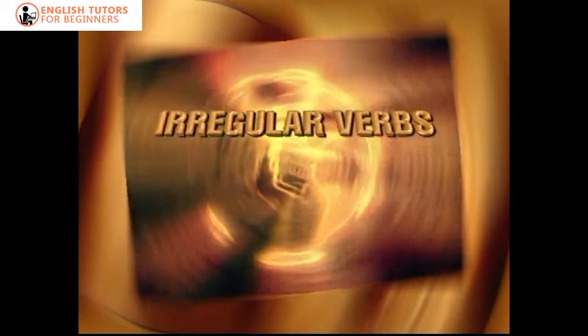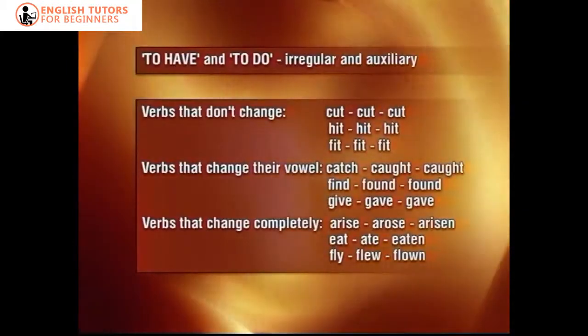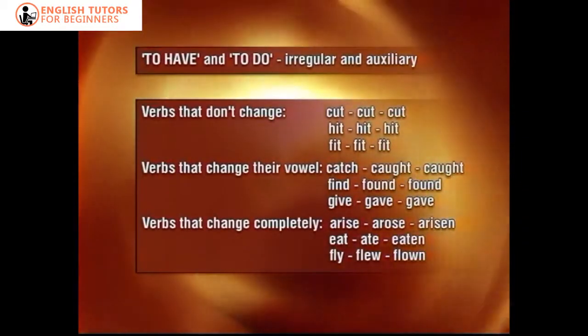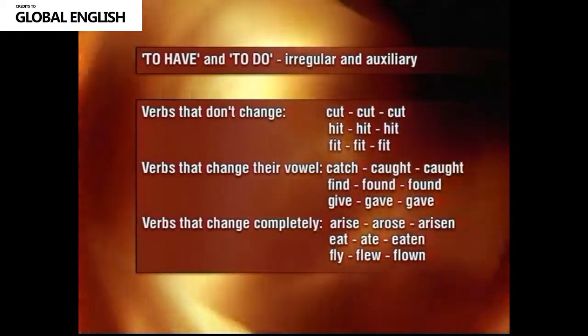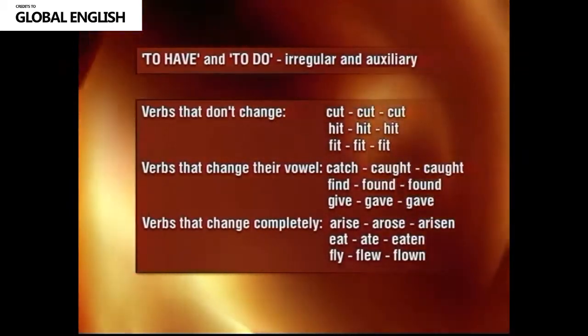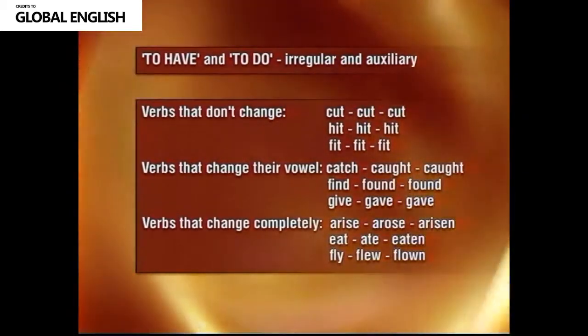The irregular verbs fall into 3 main categories: verbs that don't change, verbs that change their vowel, and verbs that change completely. Irregular verbs. 1. Verbs that don't change. Cut, cut, cut. Hit, hit, hit.